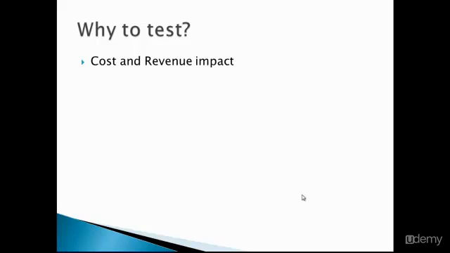The other aspect to look at is the cost and the revenue impact. So you might have heard stories like Honda recalling their vehicles, Toyota recalling their vehicles. What happens is, due to some glitch. Now this glitch could be mechanical, or at times it could be the software which is embedded on the automobiles.